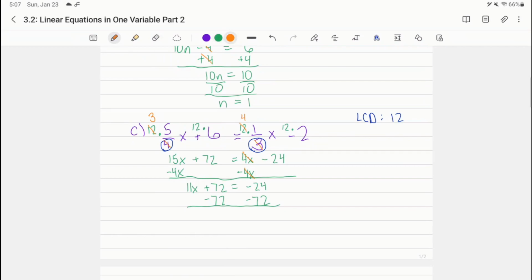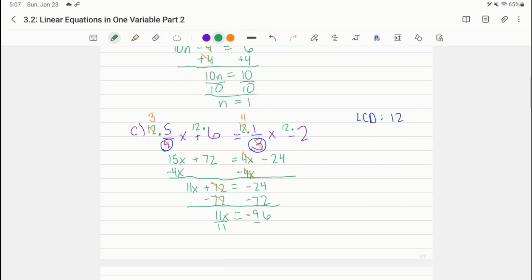The 72's cancel out, left with 11x equals. Now since both of these are negative, we're technically going to add them. So 4 plus 2 is 6, 2 plus 7 is 9, and because they are both negative and we're adding, not multiplying, we'll get a negative answer.